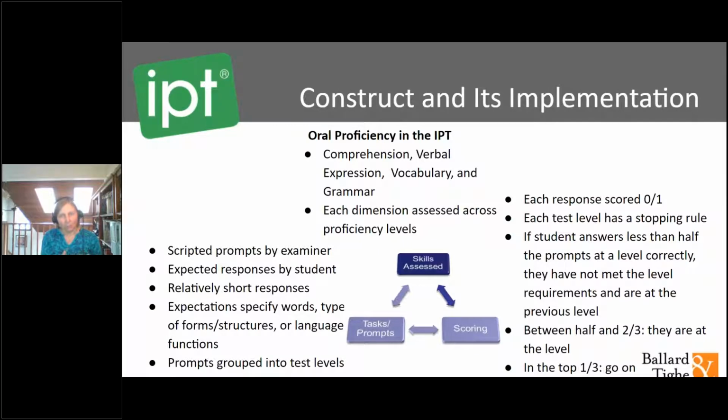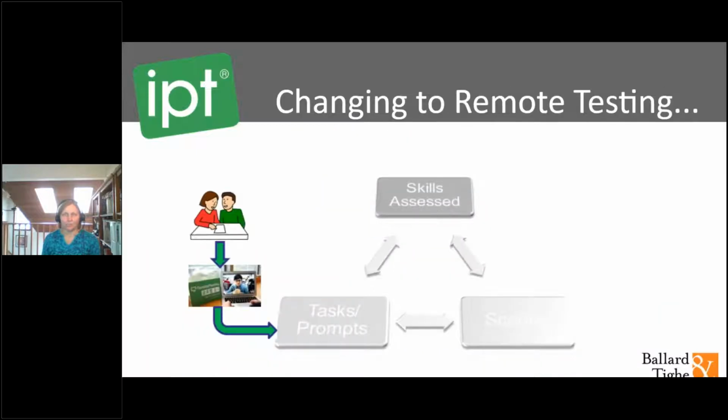If they answer more than 2/3 of the questions correctly at a particular level, they go on to the next level to see if their proficiency reaches that far. So this is the basic functional structure of the IPT oral tests. And this is what we want to replicate in our remote adaptation.